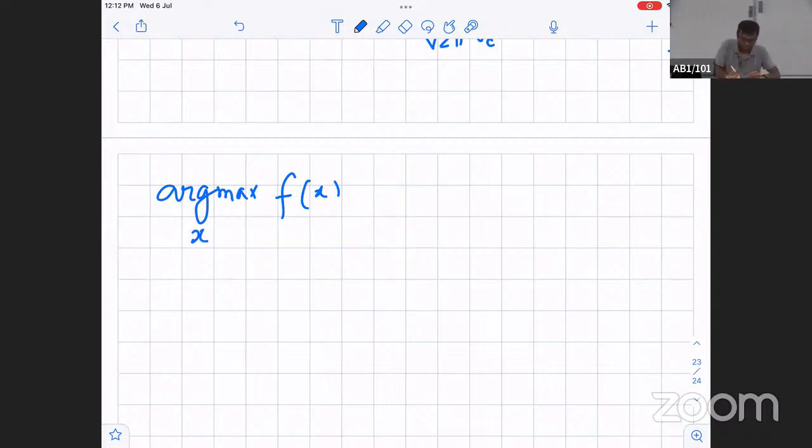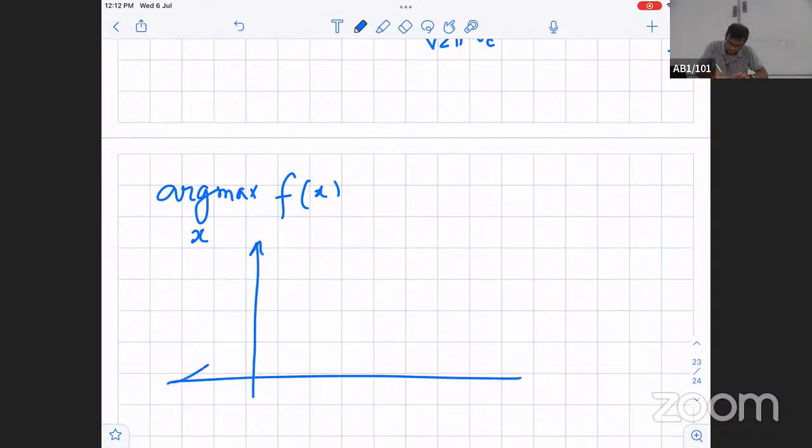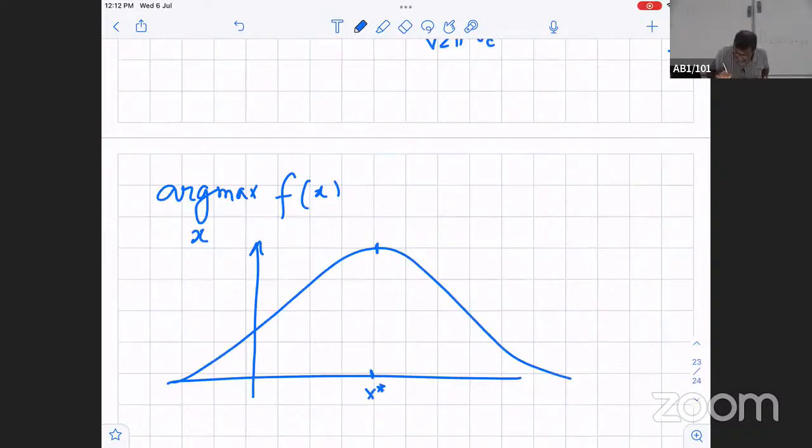Because if the function is something like this, if you look at the maxima, the derivative there is 0. Suppose this is the maxima point x star, f dash of x star is actually 0, right? So that's the whole goal of taking the derivative at that point and setting it to 0, hoping that that will actually be the maxima.